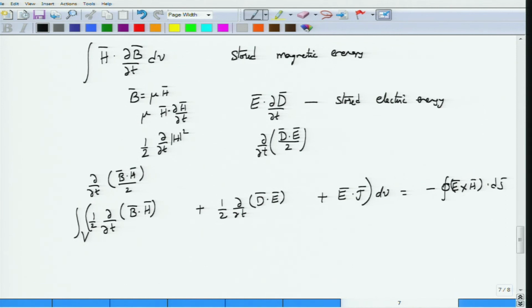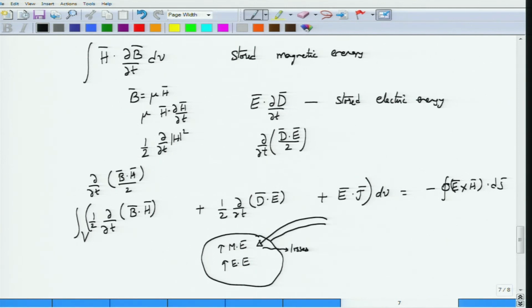So the way in which we interpret this is, now you have a certain volume, there is some amount of energy that is getting lost, there is some increase in the stored magnetic energy, and there is some increase in the stored electric energy. So clearly if in a region of space I am having some losses, and if the magnetic energy and electric field energy are increasing, then that must be supplied by someone else, right.